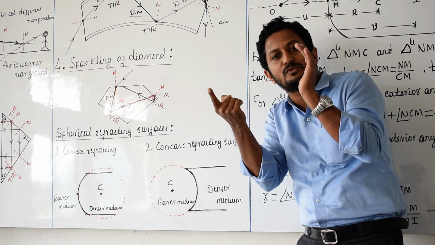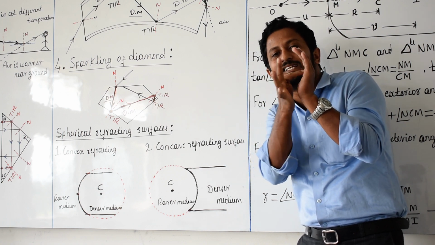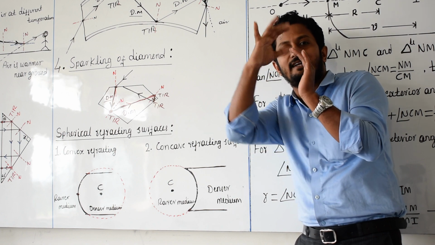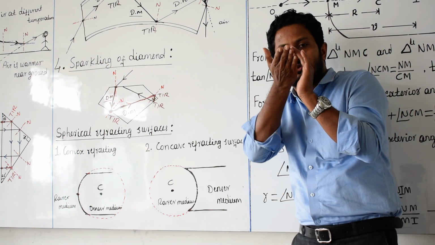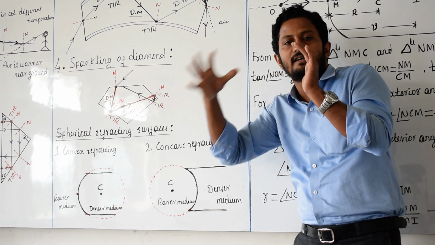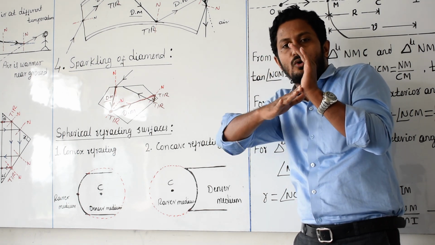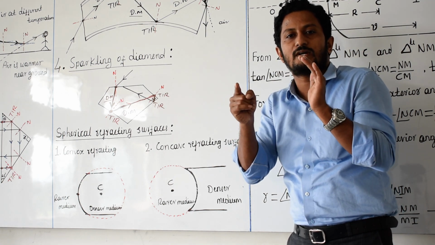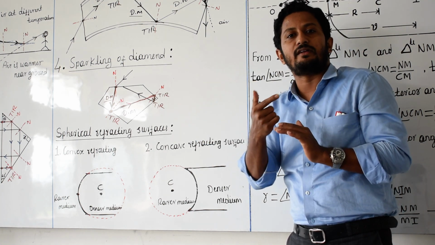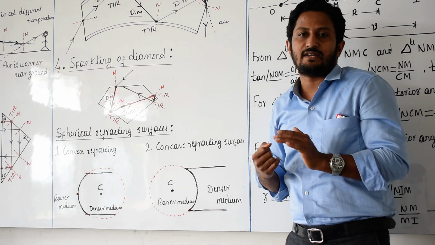Concave towards that means what? It should be thin at the middle, somewhere at the edge it is thick. Thin at the middle, I mean it should curve like this. This is called concave towards that rarer medium, then it is called a concave refracting surface.